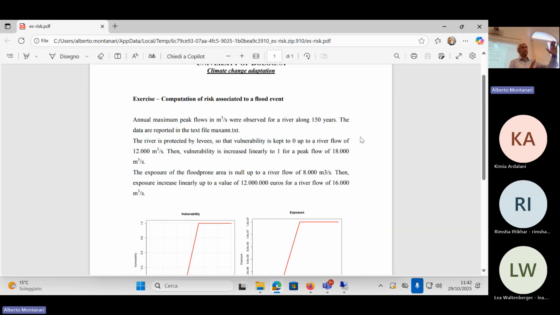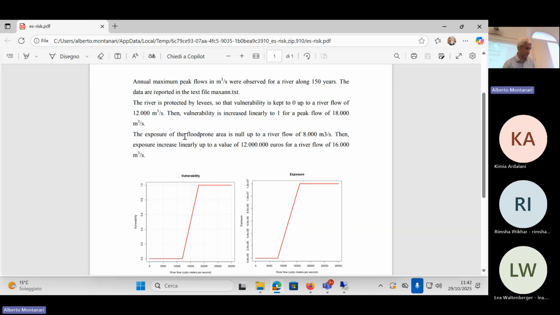And then you have a ramp increasing, and there is the graph here, up to 1 at 18,000. And then it's again flat, because of course, when vulnerability reaches 1, it's 1. It means that also for higher river flows, there is vulnerability of 1.